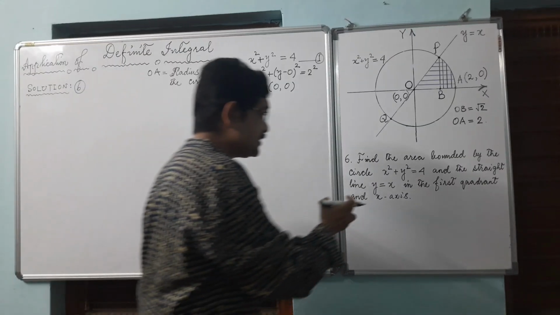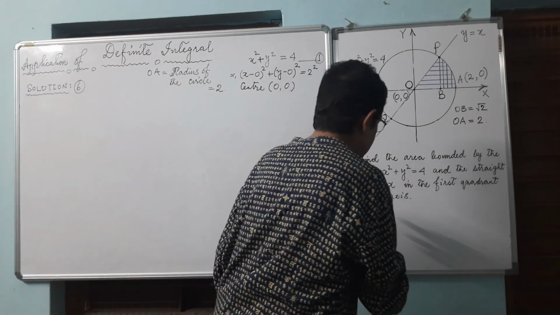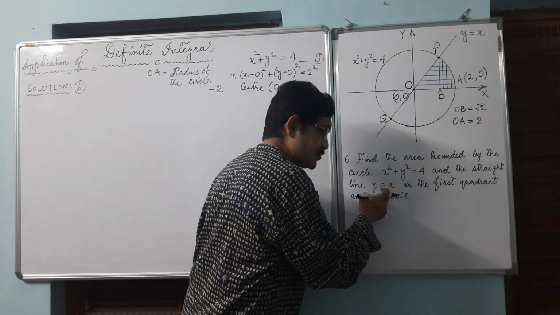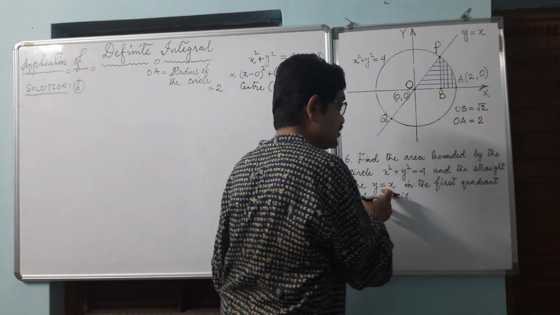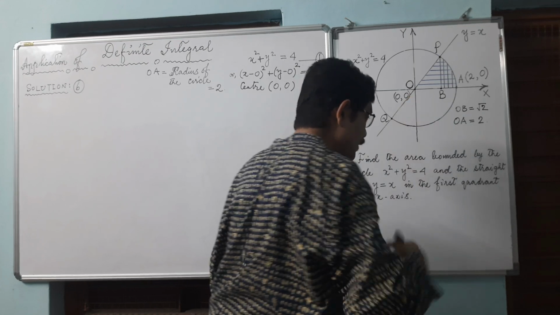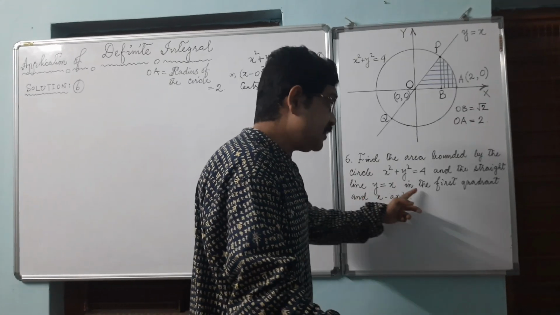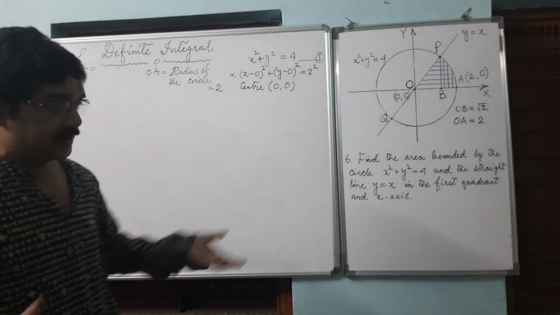Now if we consider the straight line y equals to x, which denotes the straight line passing through the origin, we have to find the area bounded by the circle and this straight line in the first quadrant, that is, the x axis.